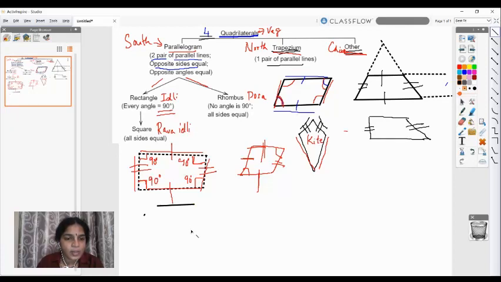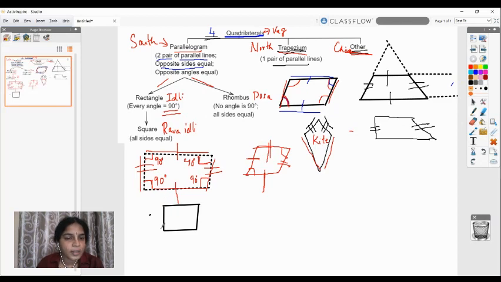We get all sides also equal. Not only 90 degrees, not only parallel sides, not only opposite angles equal, it has one extra thing: all the sides are equal. In a rectangle, only opposite sides are equal.